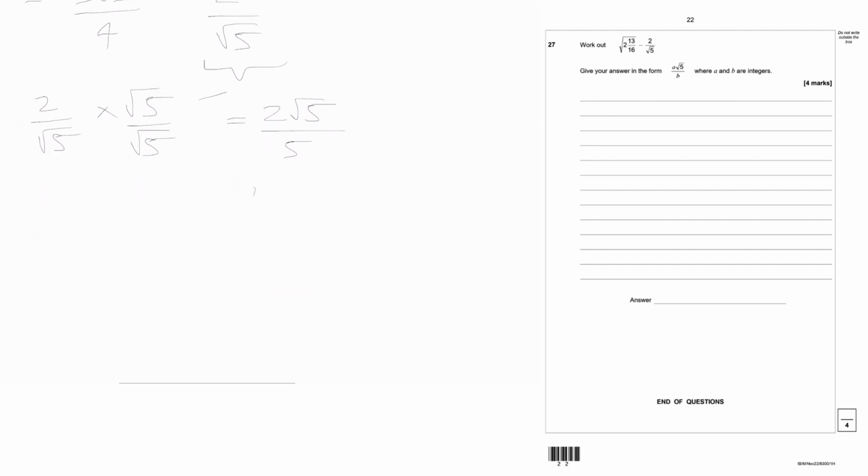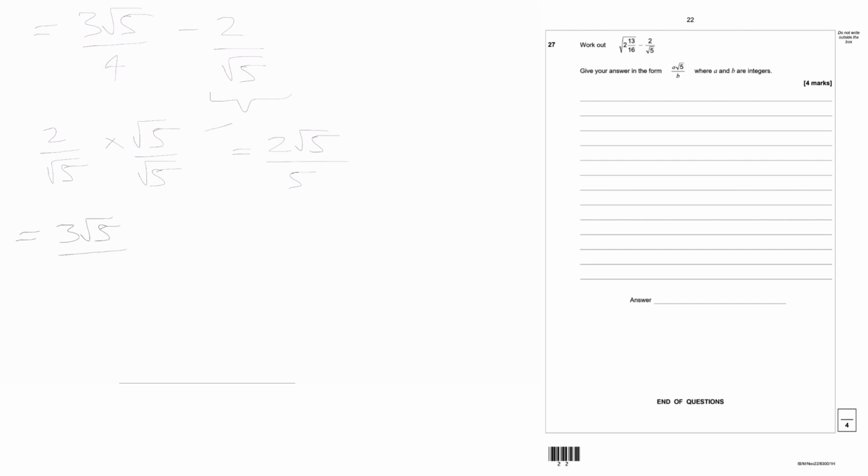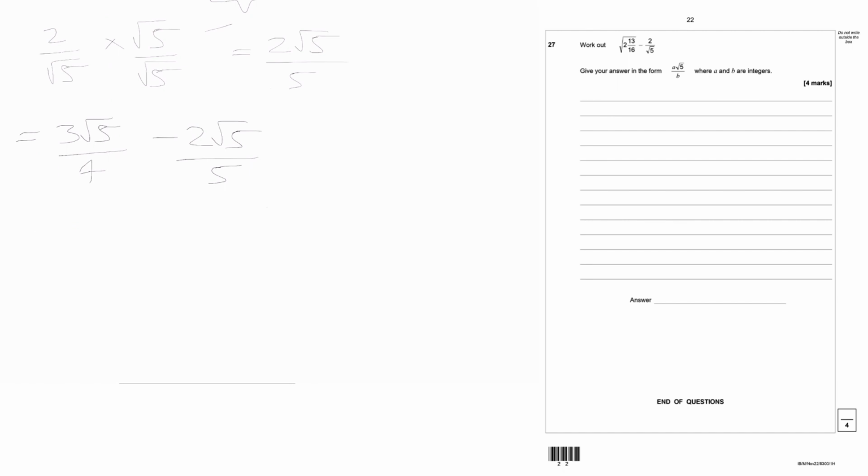So now, let me substitute this in, and I get 3 root 5 over 4 minus 2 root 5 over 5. Well, now let's find the common denominator. So I'm going to go 3 root 5 over 4, and I'm going to try and get a common denominator of 20. So I need to times top and bottom by 5.